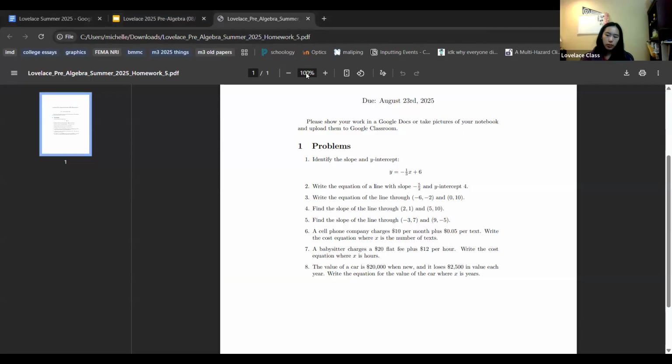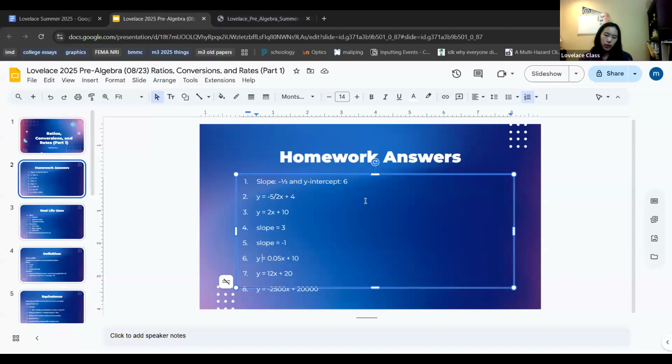So it's just interpreting, and we can do the same thing for 7. If a babysitter charges $20 flat, that means no matter what you do, you would still have to pay $20. So $20 would be the y-intercept, and then $12 an hour, so 12 is the slope, and you get the equation y equals 12x plus 20.